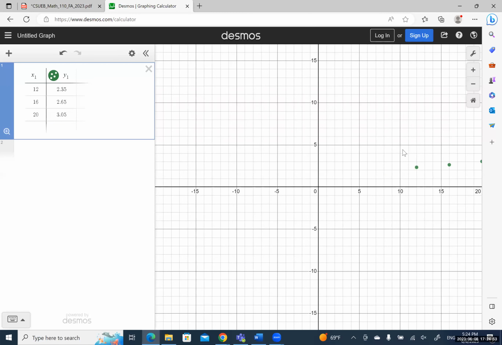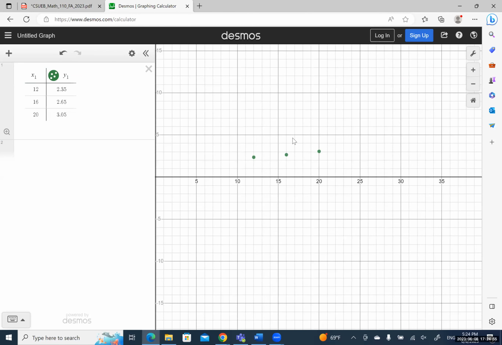So I would like to adjust my range and domain a little bit by clicking on the graph settings here.